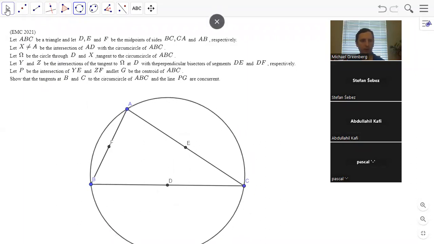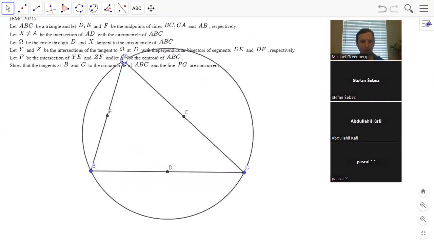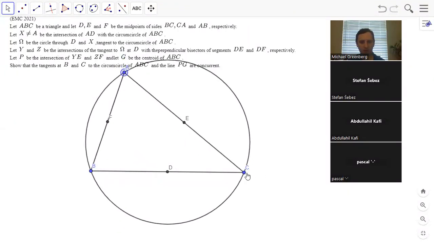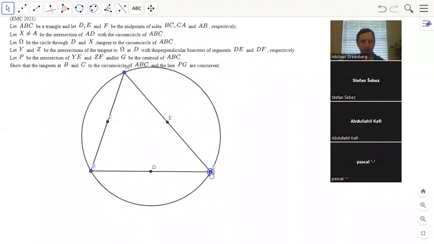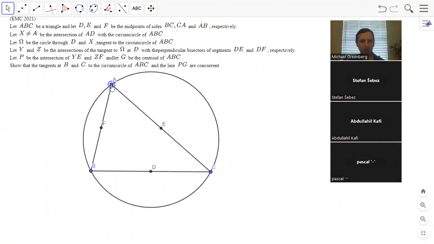And we end up drawing tangents at B and C in the end. So I'll draw those eventually, but for now, we draw X. We're going to want to show something as a symmedian. This is X.